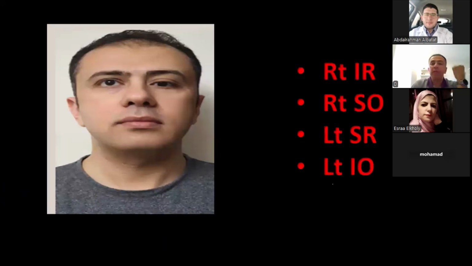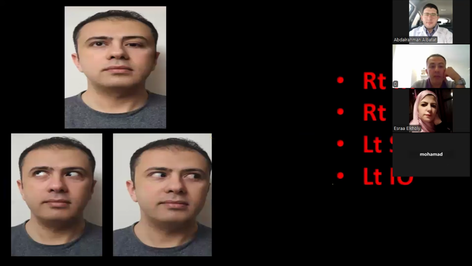Scenario number 3, we have right over left. We have 4 muscles, the same 4 muscles. But this time, right over left was worsened on the right gaze. So let's think again. We have 2 different options. Because at this situation, we may have affected right inferior rectus, which is the depressor in abduction. So it's the depressor and abduction of the right eye.